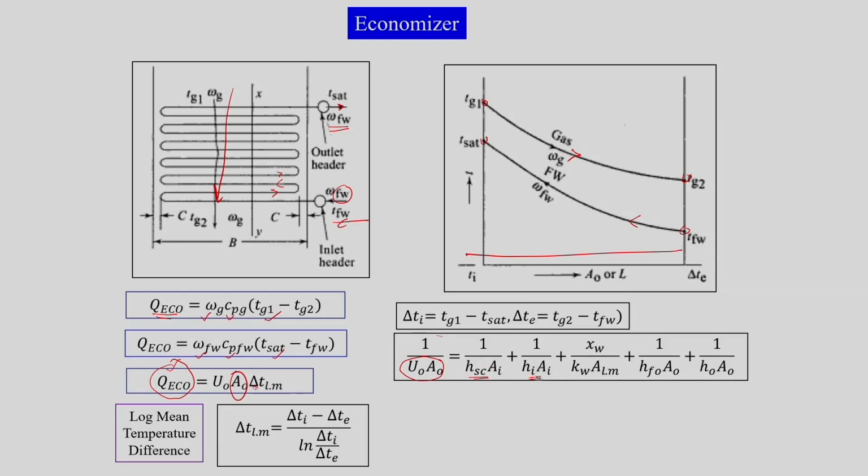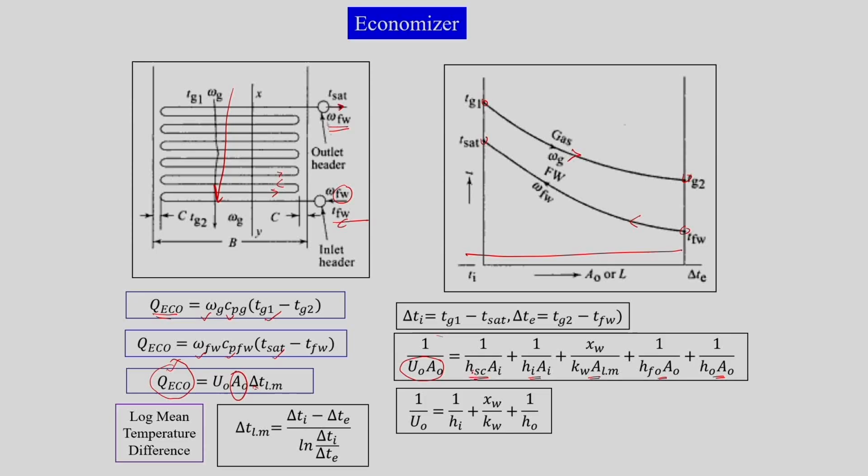Then the inside film will lead to certain resistance, then the metal or tube would have resistance for heat transfer. The outside or gas side of the tube will have certain foreign elements that resist the heat transfer, and the outside gas film would have resistance for heat transfer. So, all these resistances would sum up toward the total resistance for heat transfer.